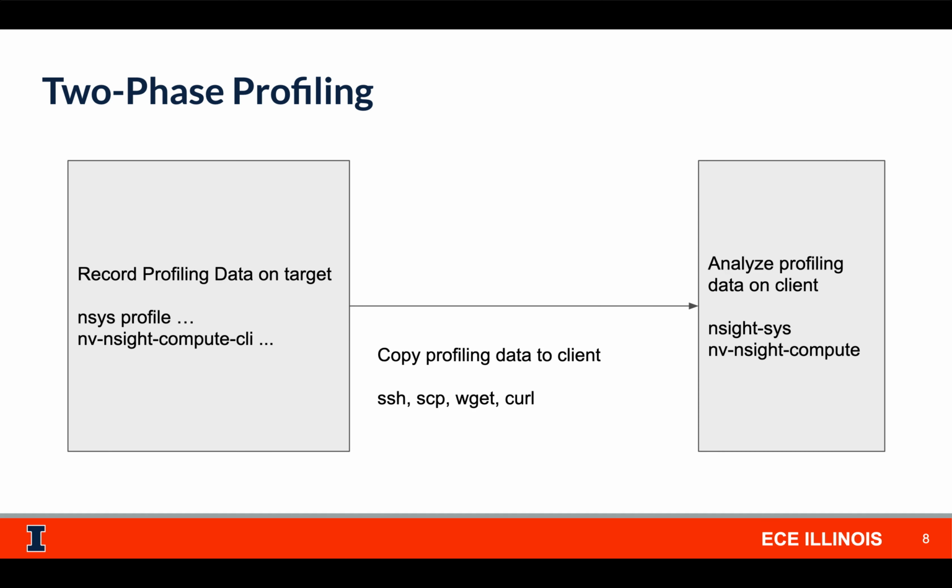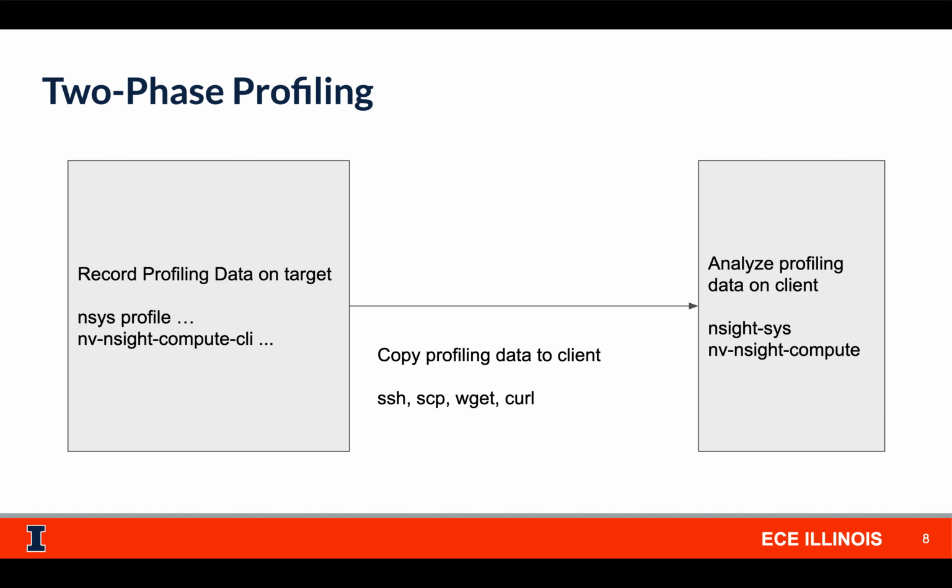So to that end, we're going to do a two-phase profiling approach where you record profiling data on the target as your application executes there, whether it's with NSYS or Nsight Compute, depending on what you're trying to do. Then that will generate some files, which you will copy back to the client by downloading the Rye build directory.